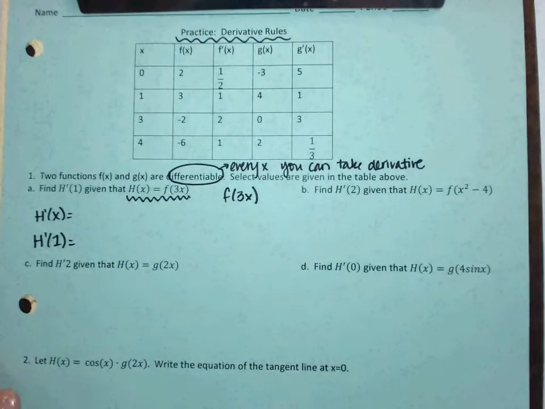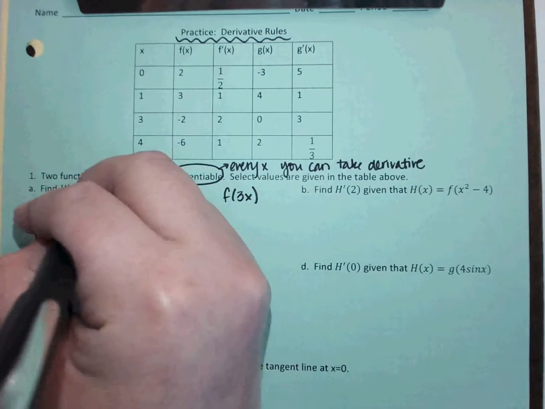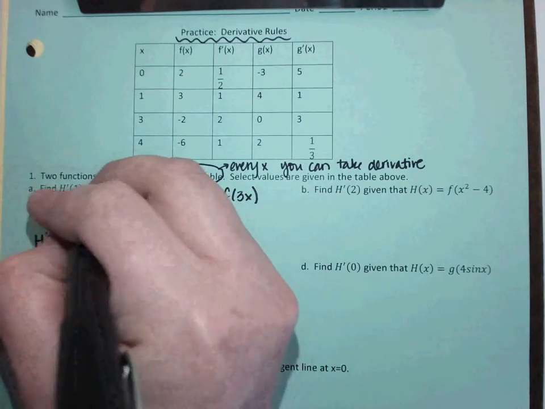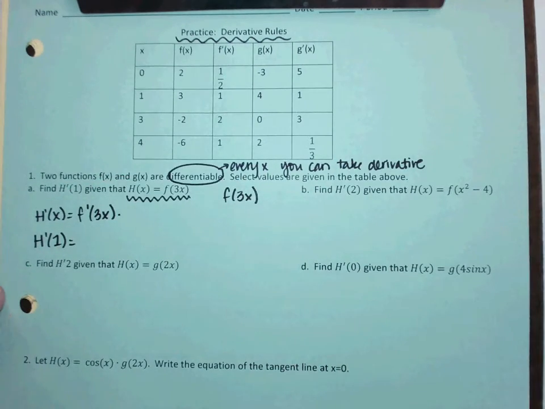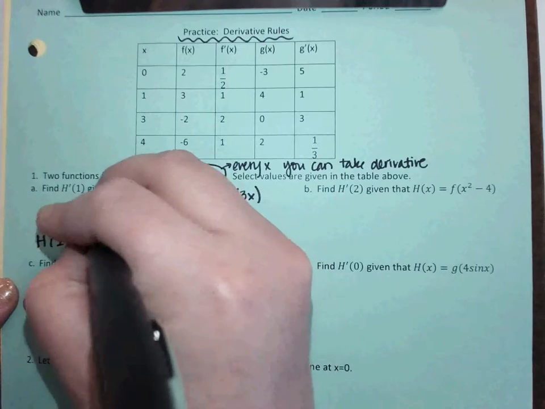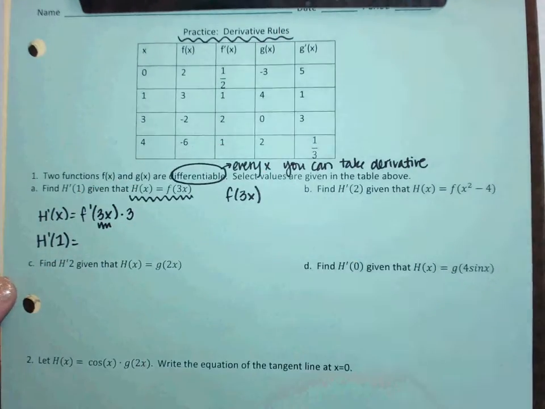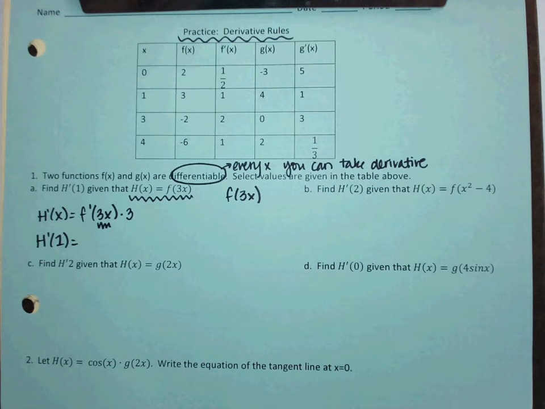Remember yesterday we learned you take the derivative of the outside function first. What's the derivative of f called? F prime. And then in the middle, what do you keep? 3x. But then you multiply by the derivative of the middle, which is the derivative of 3x, times 3. Yes? Is this related to yesterday? It's an extension. We're just doing tables and parallels and stuff. So from here, I want h prime of 1.